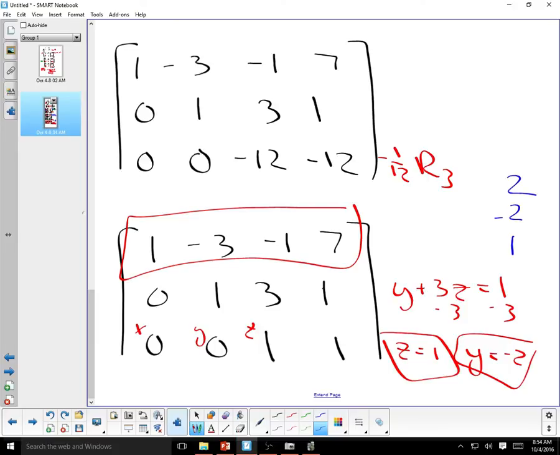This part over here is different. What you're looking at, sir, is reduced row echelon. Ours is only row echelon. Do REF instead of RREF and you're going to get the same thing. All you have to do is plug it in, dude.